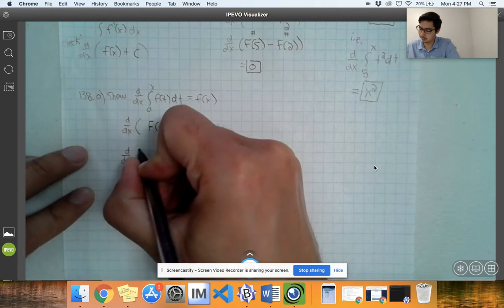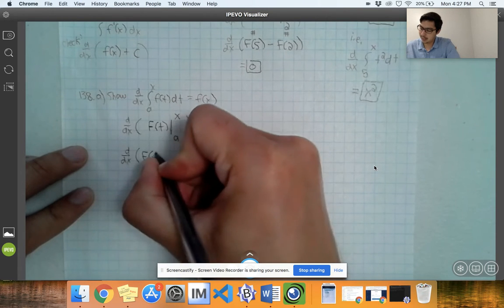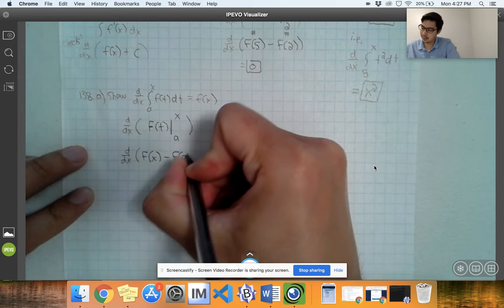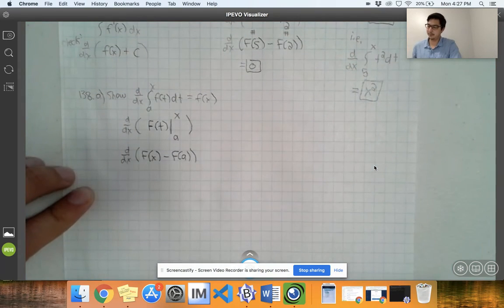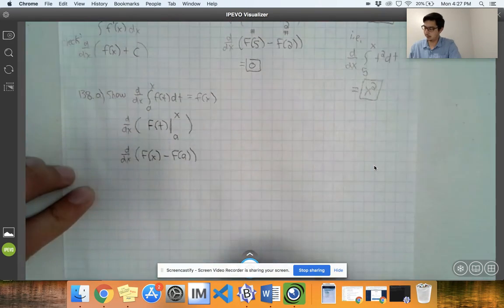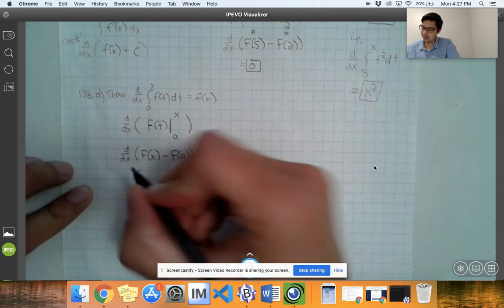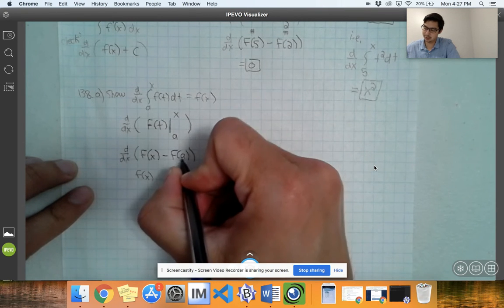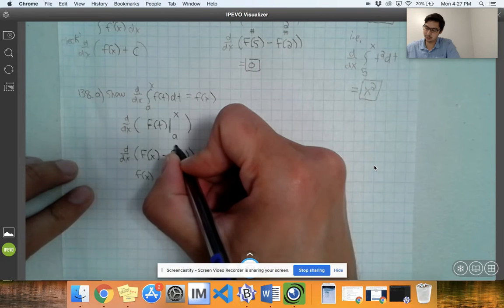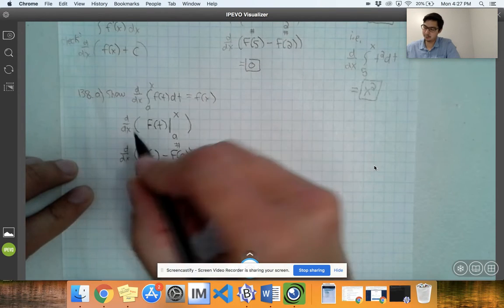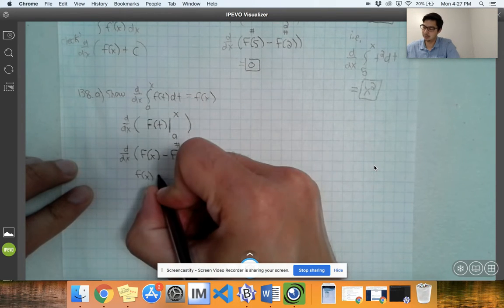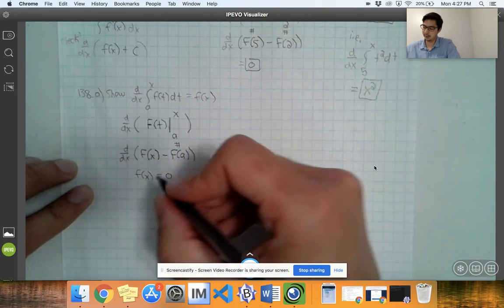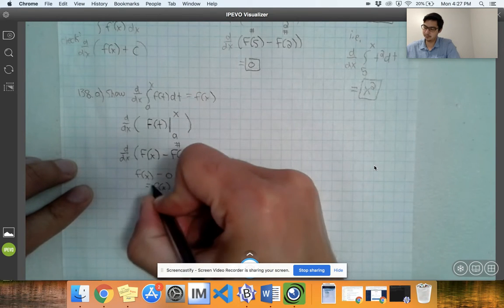So then this is going to be the antiderivative at x minus the antiderivative at a. Right? And the derivative of the antiderivative is just going to become f of x. And the derivative of f of a, well, a is just a number. So by plugging a into an equation, we just get a number. And the derivative of our constant is 0. So then what you end up getting here is just f of x.